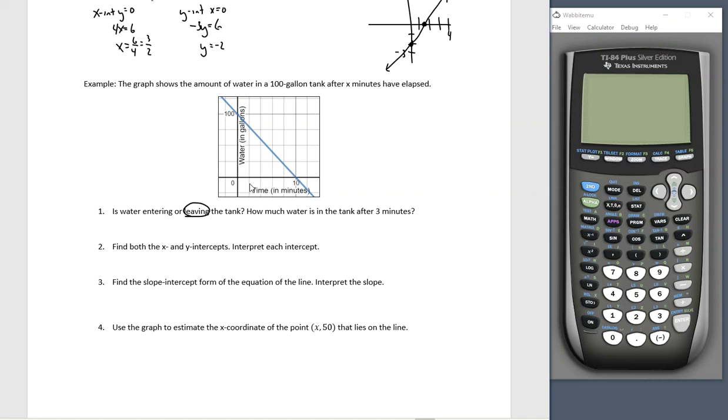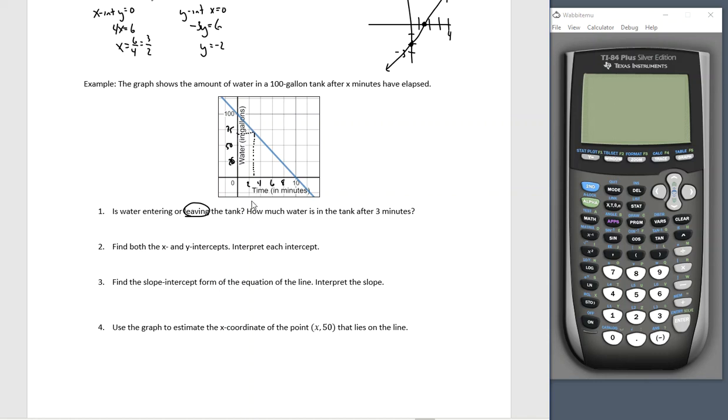After 3 minutes, let's see if we could write on here, 2, 4, 6, 8, 20. Ooh, that's not 20, that's 25. 50, 75. All right, so at 3, we're looking about right here. This is just an estimate.